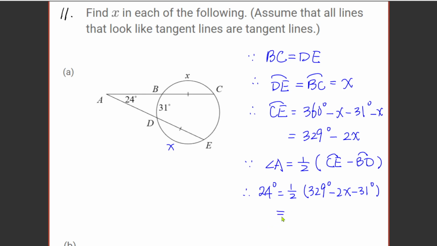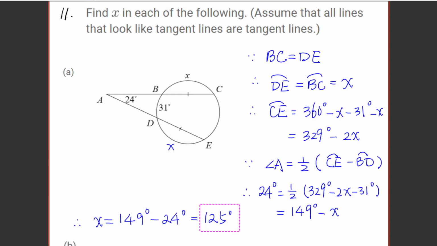Which can be simplified to 149 degrees minus x. And therefore we can solve x equals 149 degrees minus 24 degrees, which then gives us 125 degrees. Did you get it? Any questions?